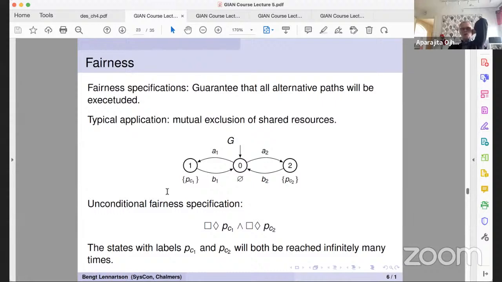So if you have an unconditional fairness specification, it just says then that, okay, you will repeatedly go to this state where you have the critical zone PC1, and you will also repeatedly go to another zone where you have the critical, or when another task is using, PC2. The states with label PC1 and PC2 will both be reached infinitely many times.